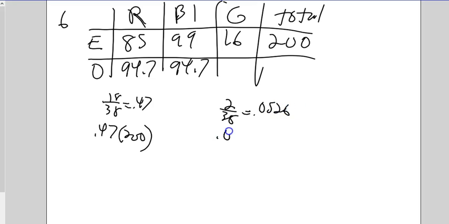So if we take 0.0526 times 200, that gives us 10.5. That may not exactly add up to 200 because we have decimals, but it's going to be pretty darn close. But it was kind of complicated for that extra step.